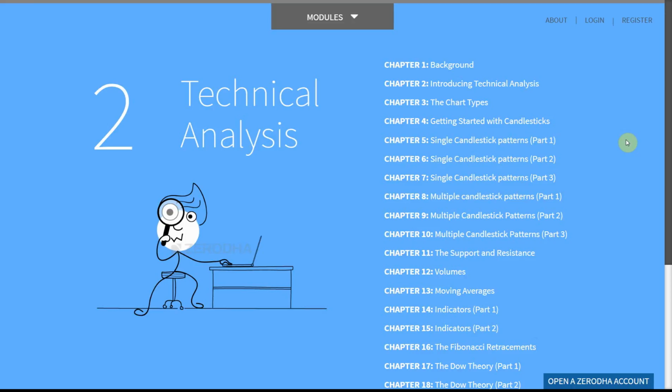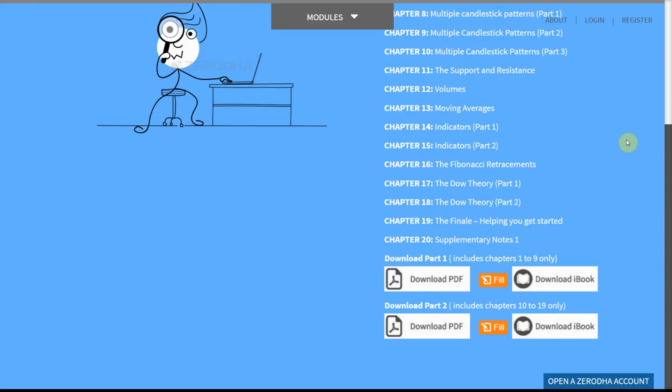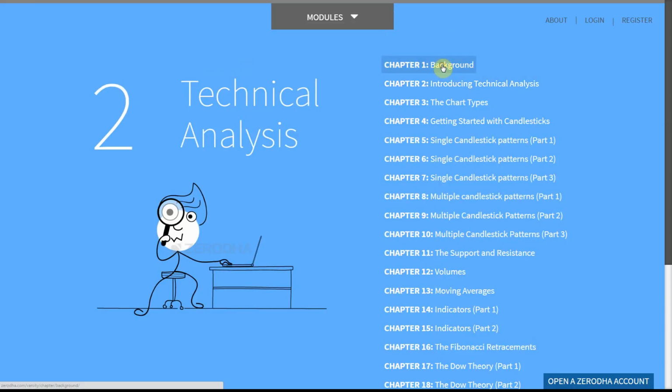Chapter 11, The Support and Resistance. Chapter 12, Volumes. Chapter 13, Moving Averages. Chapter 14, Indicators Part 1. Chapter 15, Indicators Part 2. Chapter 16, The Fibonacci Retracements. Chapter 17, The Dow Theory Part 1. Chapter 18, The Dow Theory Part 2. Chapter 19, The Finale, Helping You Get Started. Chapter 20, Supplementary Notes.